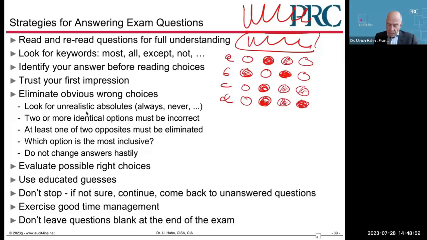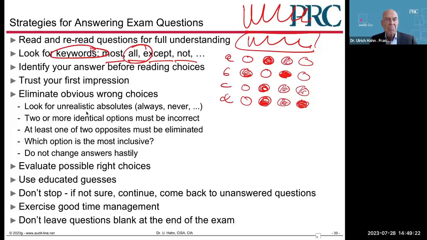Then you will find keywords: most, all, except, and so forth. If you have something like all or never, this is very absolute, and very often that's misleading you, because in real life, very often it's not absolute.